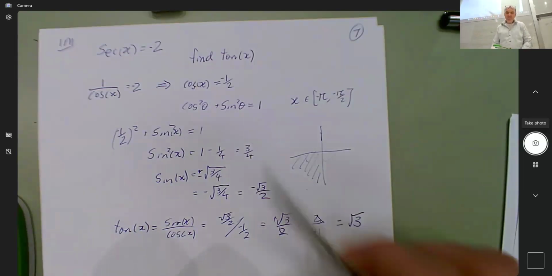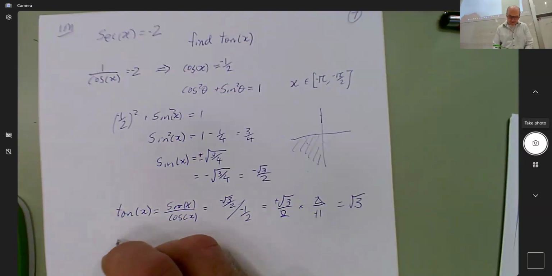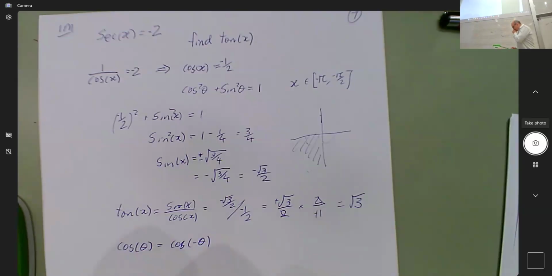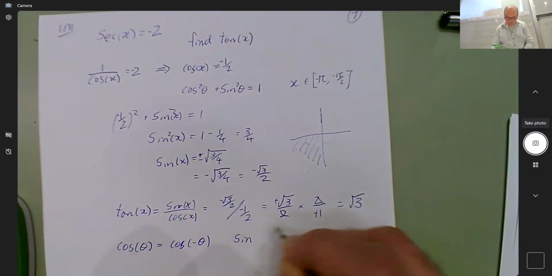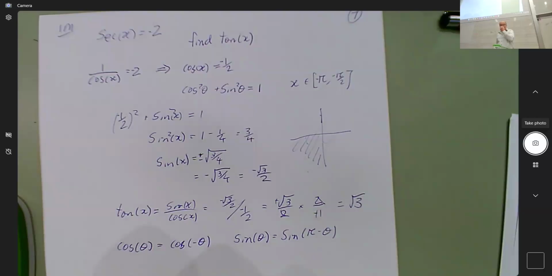So there are basically one for each of the other ones that I hold on to fairly tightly. There is cos of theta is equal to cos of minus theta. Very useful. Correspondingly, sine of theta is equal to sine of pi minus theta. Way more useful than you realize.